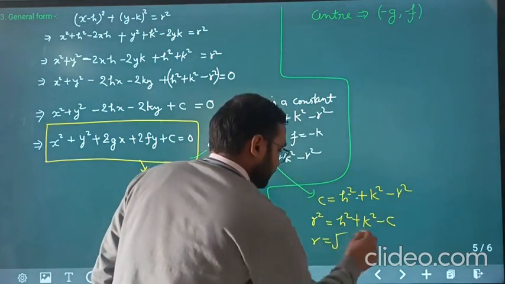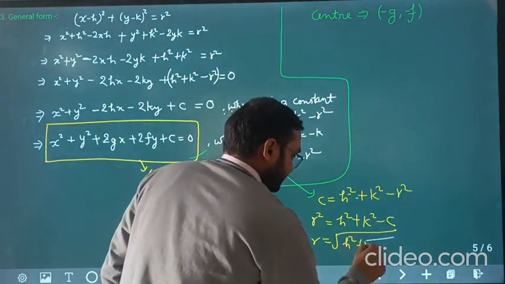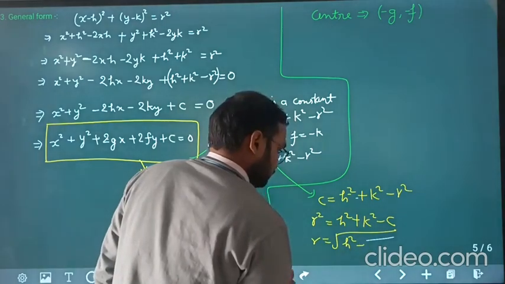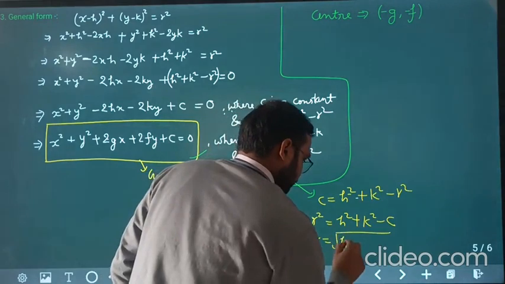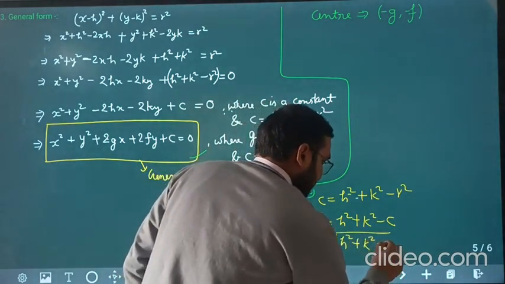So r is equal to under root h square plus k square minus c.